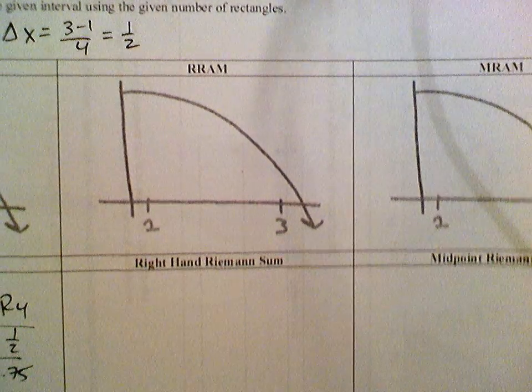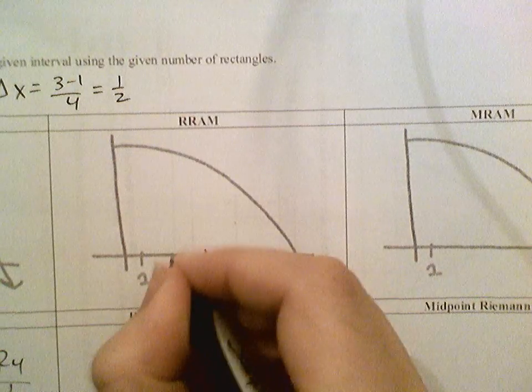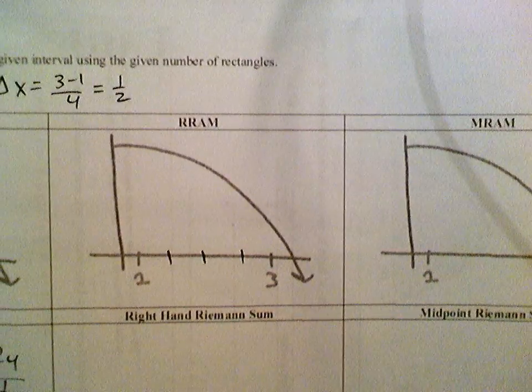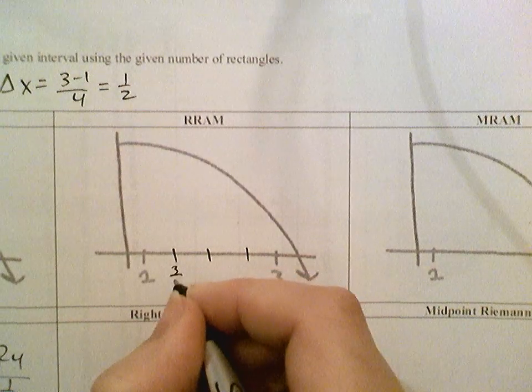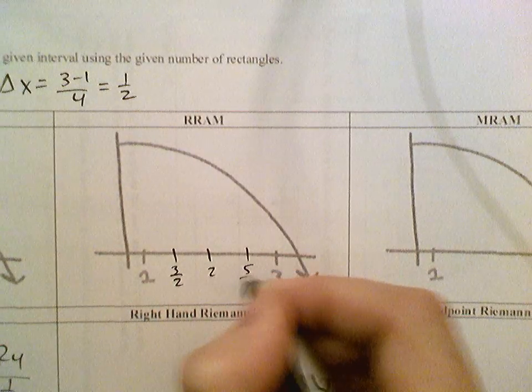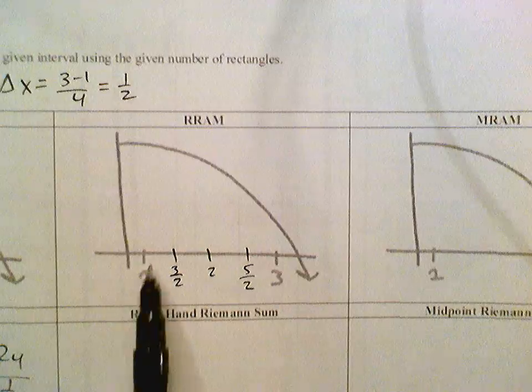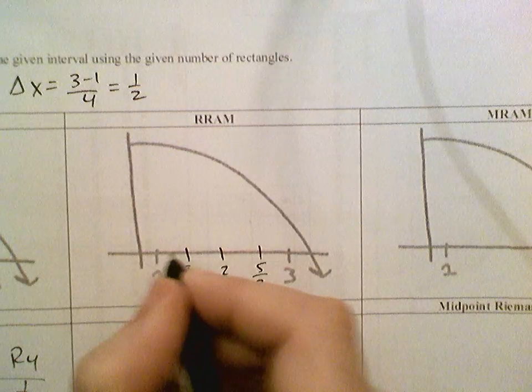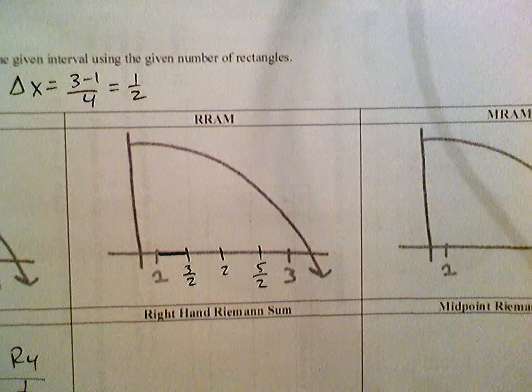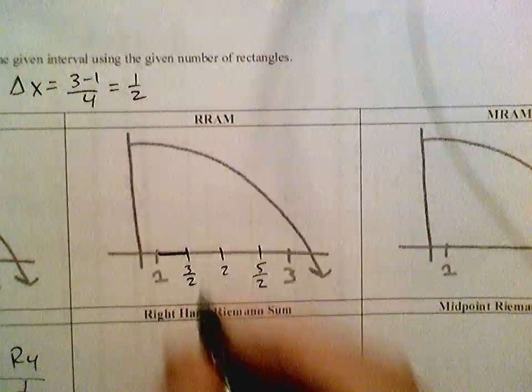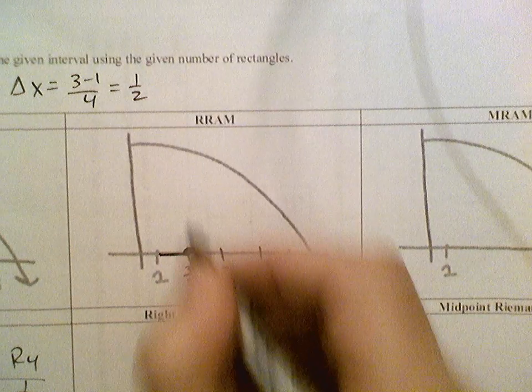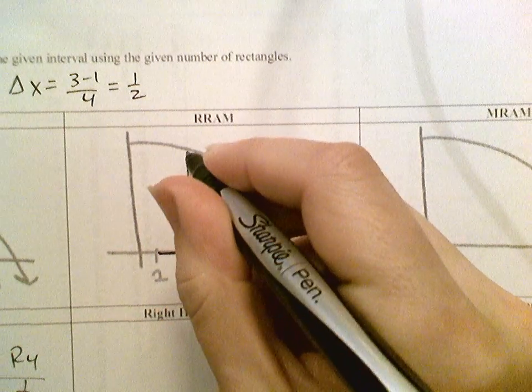Okay, right-hand Riemann sum. We're going to start it off exactly the same. We've got all the same numbers here. But when you look at the base of the rectangles, instead of going to the left and up to the graph, you go to the right endpoint and up to the graph.